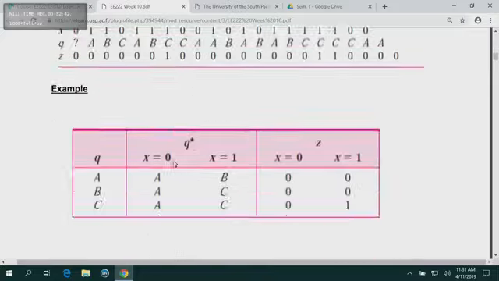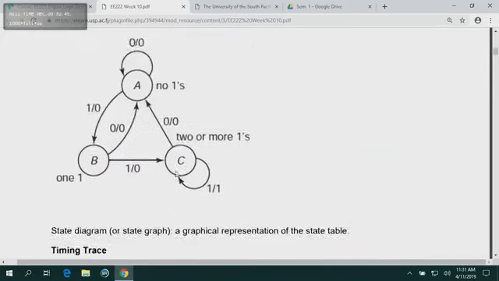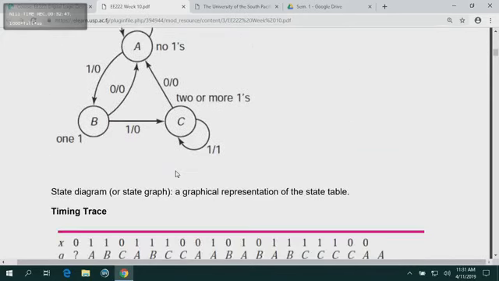Now, there's 2 things over here. There's 2 types of problems. This here is the state table. So we're still not finished with tables yet. We're finished with the characteristic table and excitation table. And those are fixed for your 4 truth tables, and they will be given in your final exam. You will have to use one of the 2, depending on the problem.